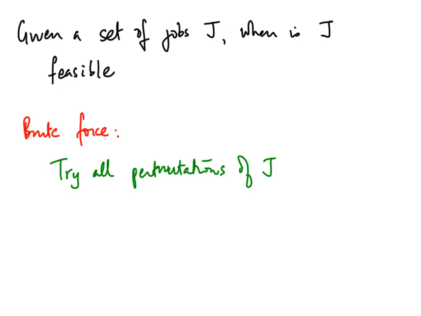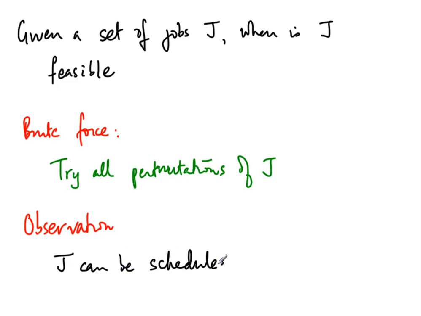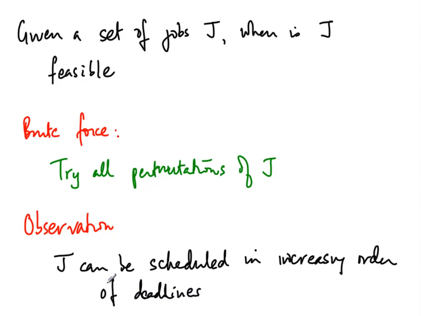So what we will actually do instead is make the following observation, that j can be scheduled in increasing order of deadlines. So this simplifies. We don't have to look at all permutations. We only have to look at one permutation. We will justify this later on. But what we are going to observe is that j can be scheduled in increasing order of deadlines.